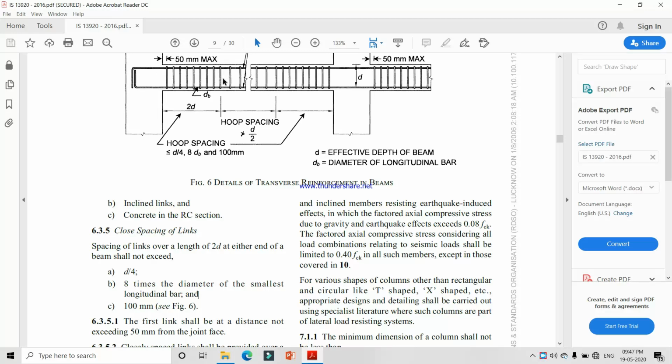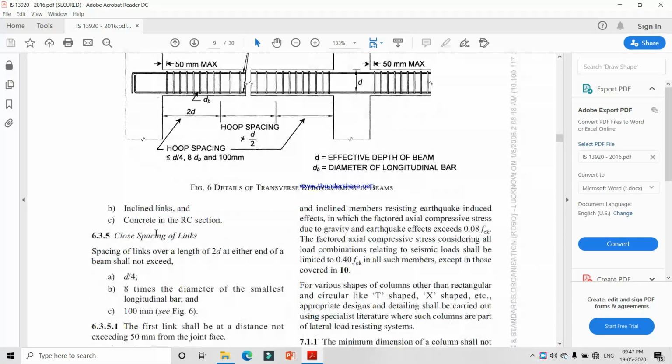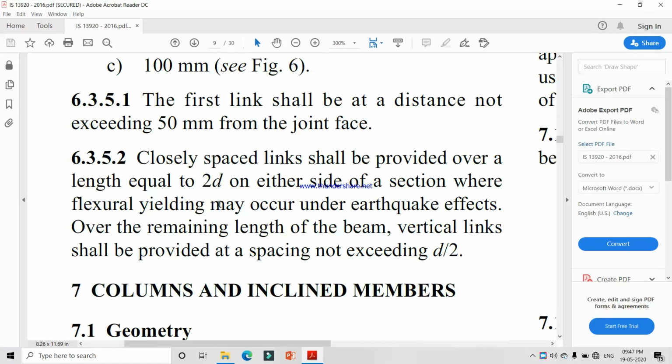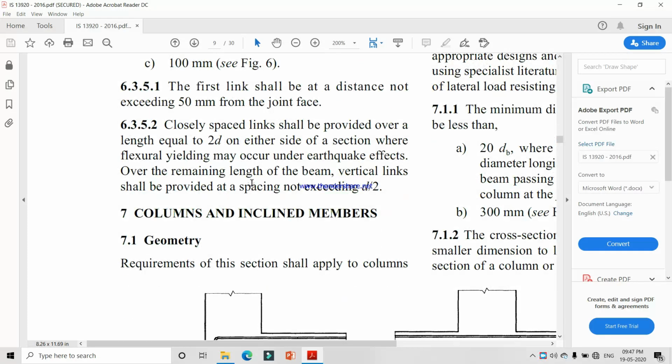You can see easily here, up to this point the spacing is less, and after this the spacing is increased. And the first link is 50 mm from the joint. We already discussed this point.